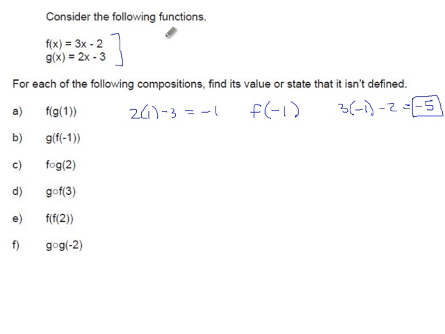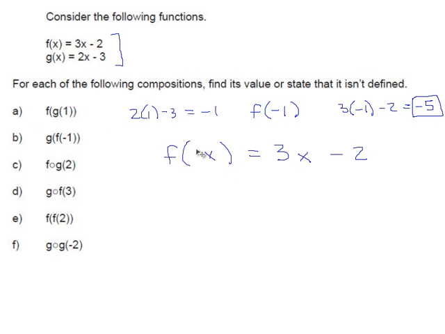Here's another way we could have done that. If you have f of g, that means take function f, as in f of x equals 3x minus 2. Now, instead of plugging a number into that, we're plugging in function g, which means everywhere there used to be an x, we're going to put function g instead. Here's what that looks like.